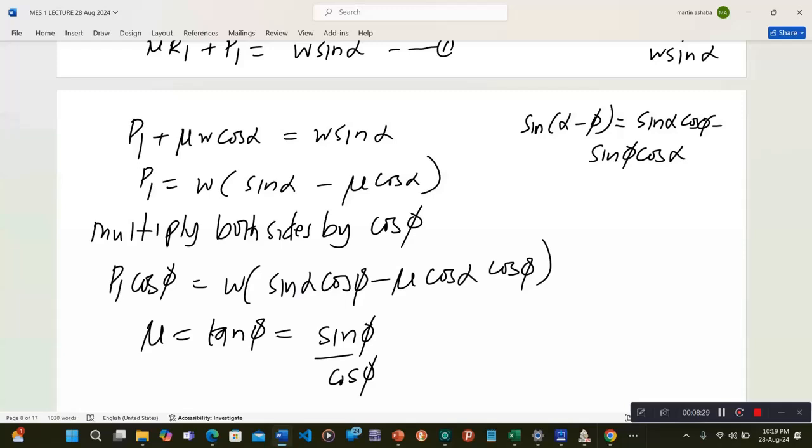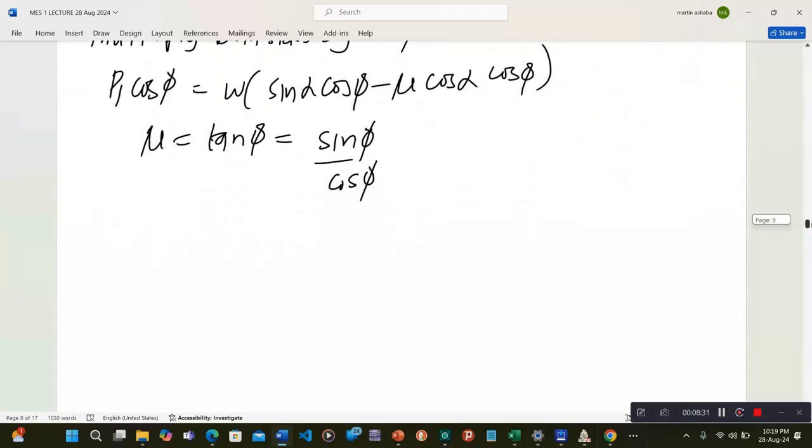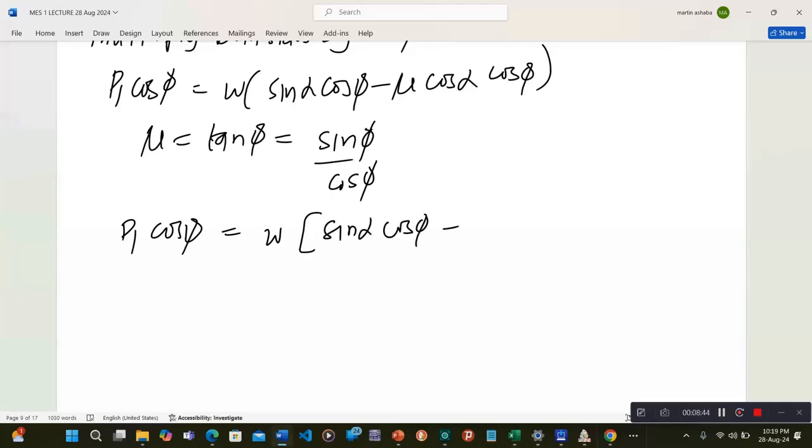If I substitute it in here, I'll have P1 cos phi equal to W into sine alpha cos phi minus sine phi divided by cos phi times cos alpha times cos phi.